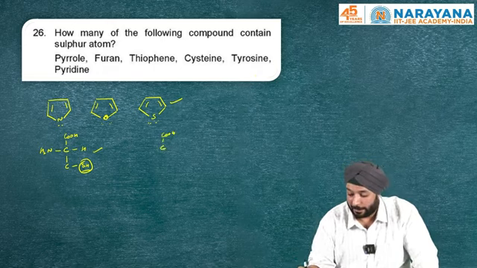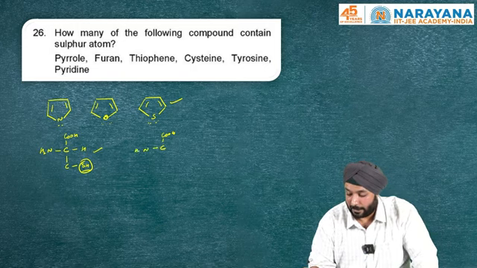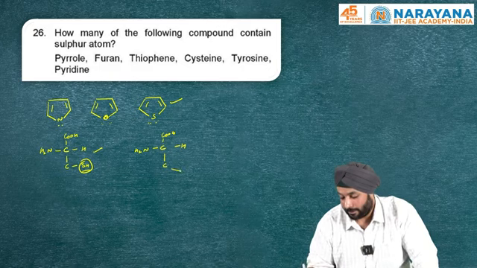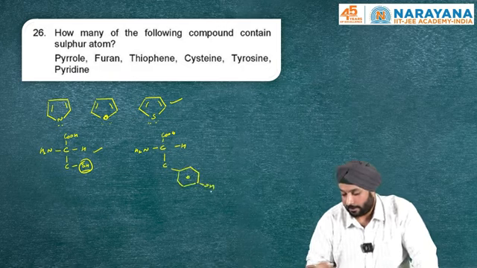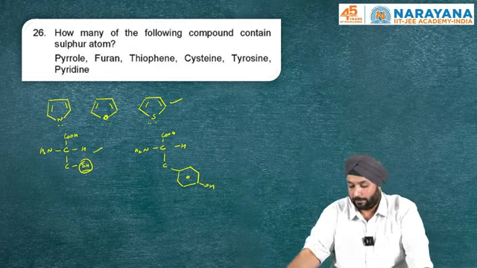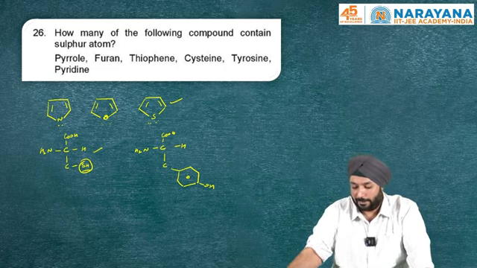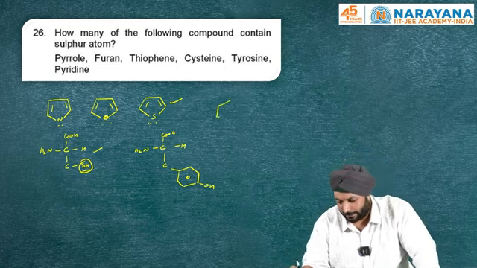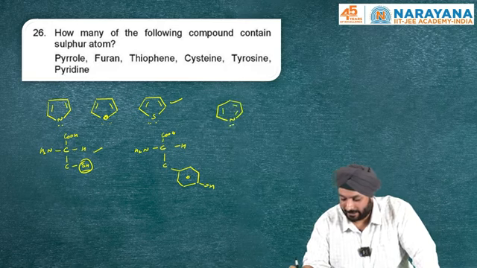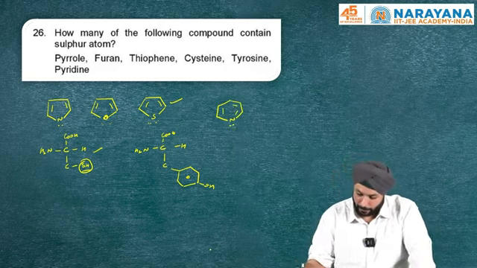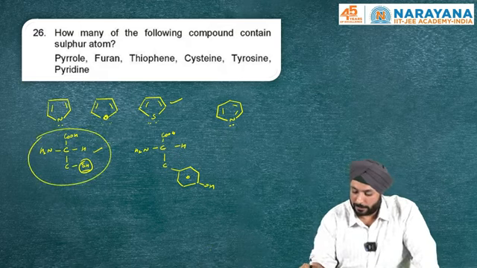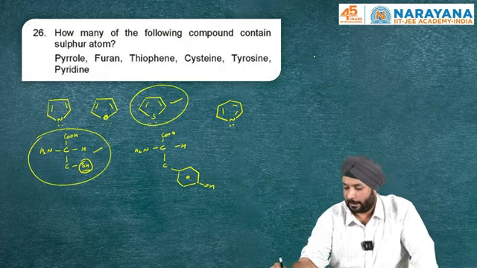Tyrosine is again an amino acid which contains a phenol molecule, right? Aromatic moiety inside an amino acid. And pyridine, every one of us knows. So yeah, you'll have two molecules which have sulfur inside them. The answer should be two.